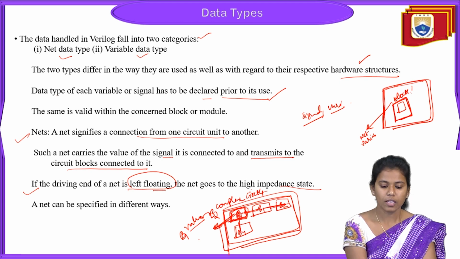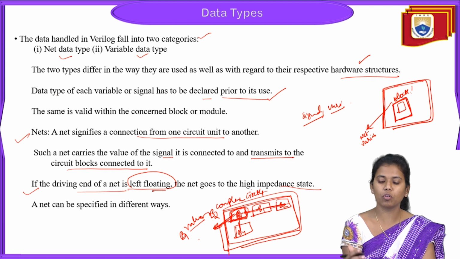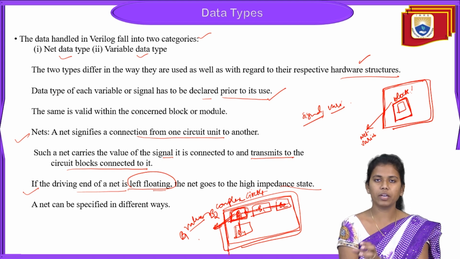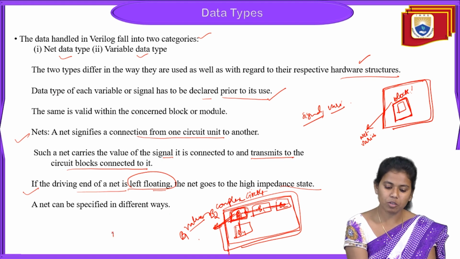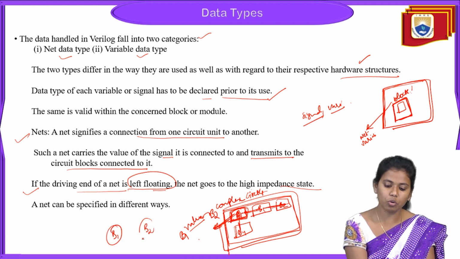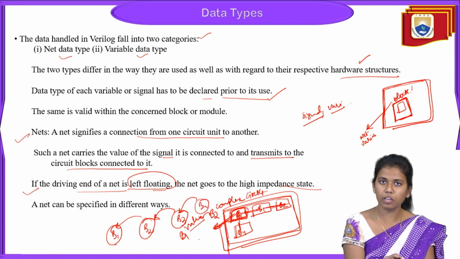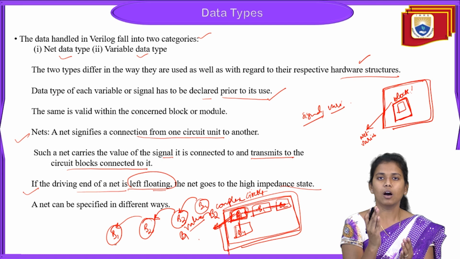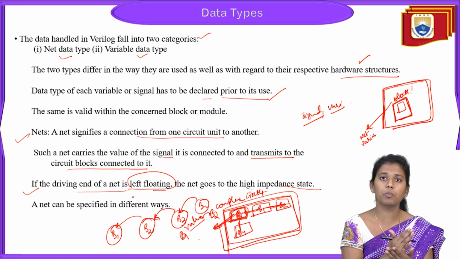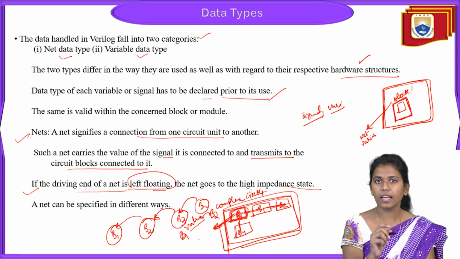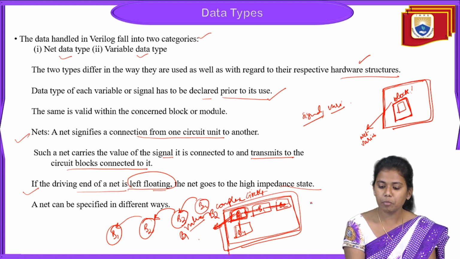B2 observes the information obtained from B1, B3 observes what is obtained from B2, B4 observes what is obtained from B3. If you keep the driving end of the net floating, there is a chance of a high impedance state.